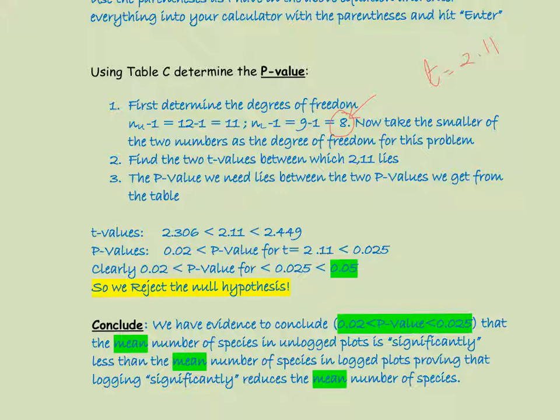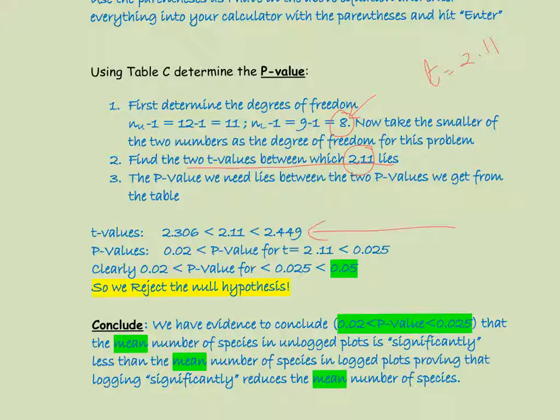Now, in table C, we look at the 8th row because we have 8 degrees of freedom. You're not going to find 2.11 in the table. However, you can find two separate values between which 2.11 lies.